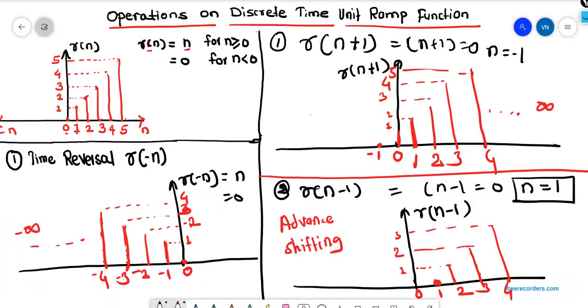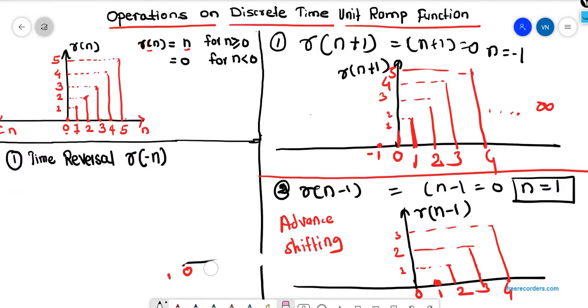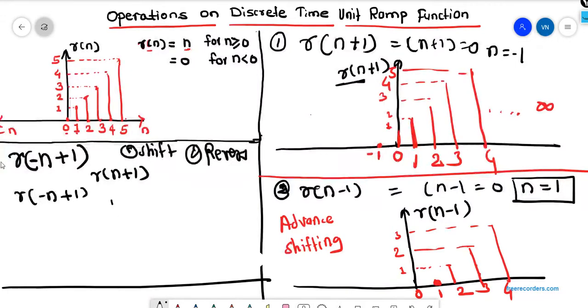Now the next operation. Suppose you have to write r of minus n plus 1.